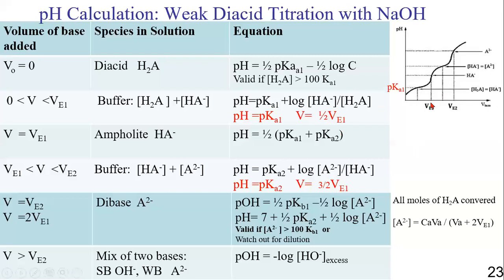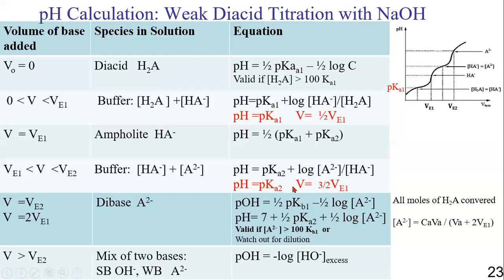So if my equivalence point is 20, my half equivalence is 10. So this is 10 milliliters and another 10 milliliters and then another 10 milliliters. So it's actually 30 milliliters would be my volume, which is 3/2 V equivalence 1.